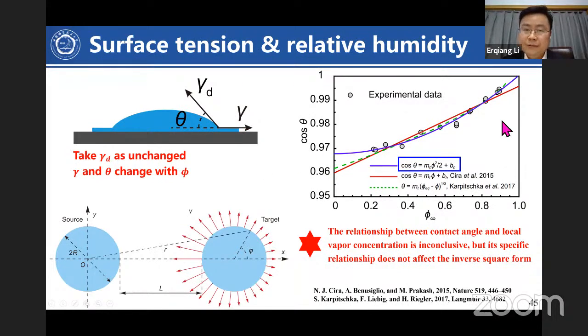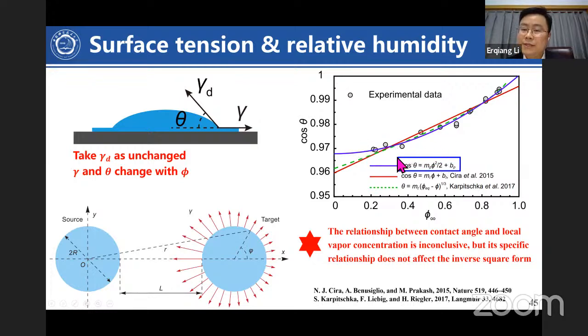So we do an experiment, we change the humidity, and I think we change the evaporation rate, so we can change this. We should measure different contact angles. So that is our experiment data, I mean, these dots. In literature, there is a 2015 paper, they think the contact angle and the phi humidity should follow this one. And there's another 2017 paper, they think it should be this one.